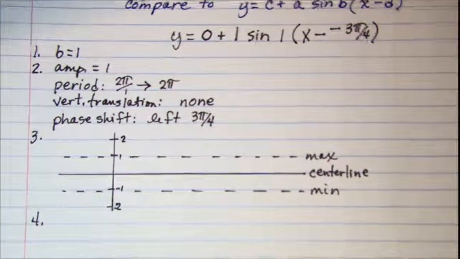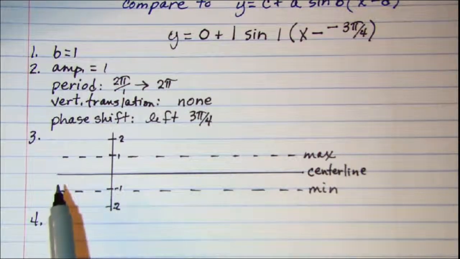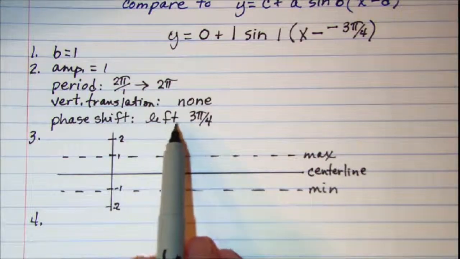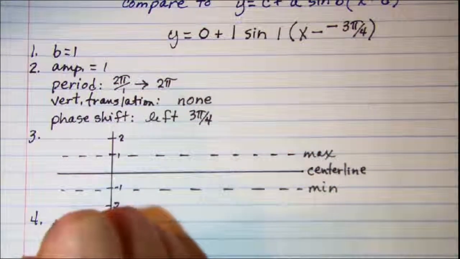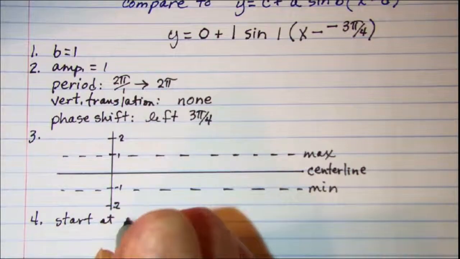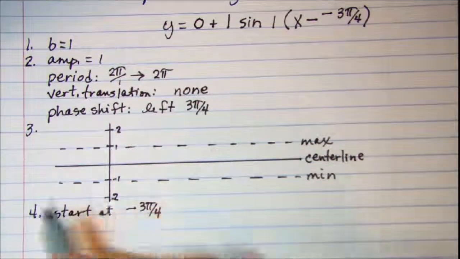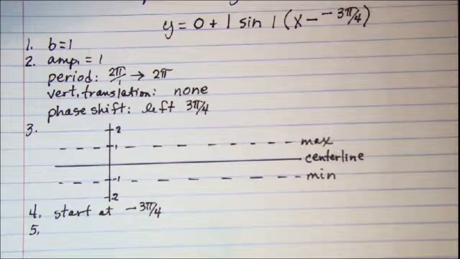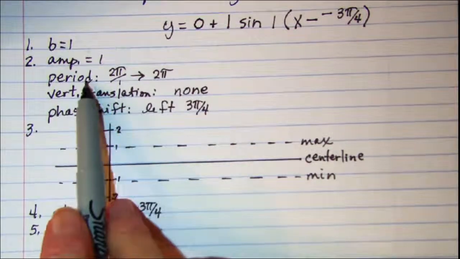My next step in the guidelines is to find the beginning x value, which is my phase shift, or the d. So I'm going to be starting at a negative 3 pi over 4. And then to find my values where I'm going to plot points, I need to take my period and divide it into 4 equal parts.